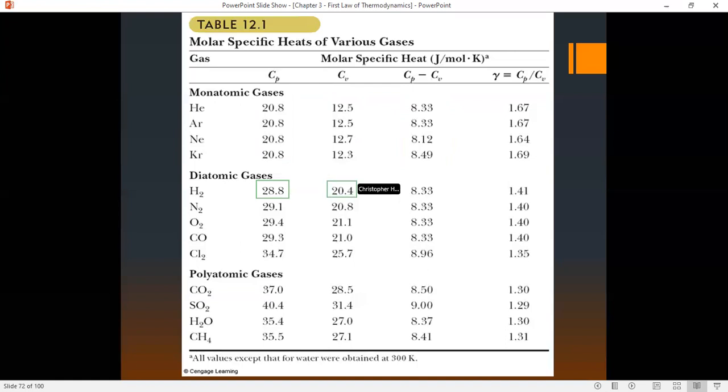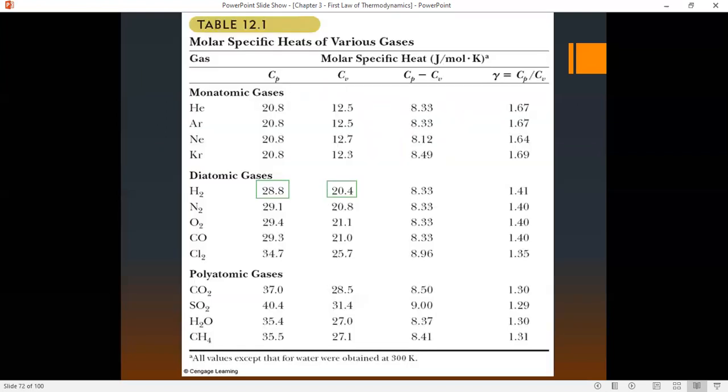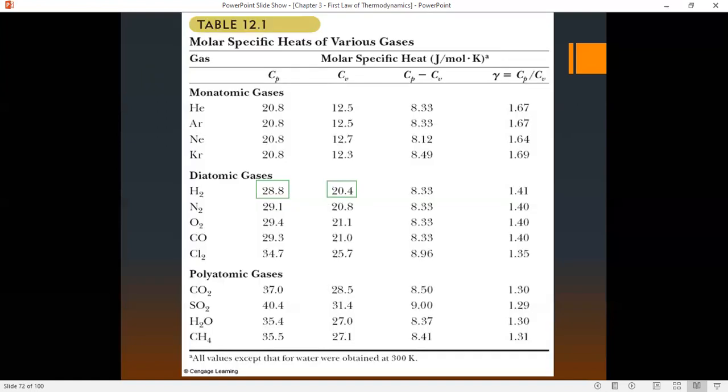Those are the actual measured molar specific heats. Going back to the previous slide, for a diatomic gas, Cp should be about 29, Cv should be about 20.8, and yeah, they're very, very close. Actually, nitrogen does a pretty good job. 29.1, 20.8. Nitrogen. Okay, very, very close to that.